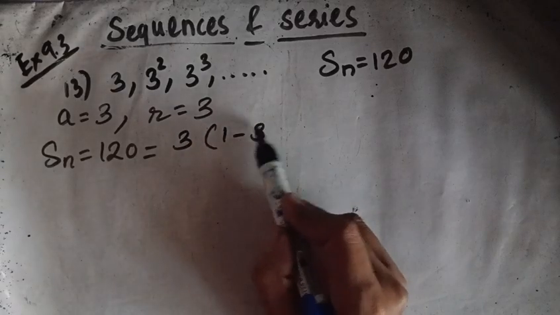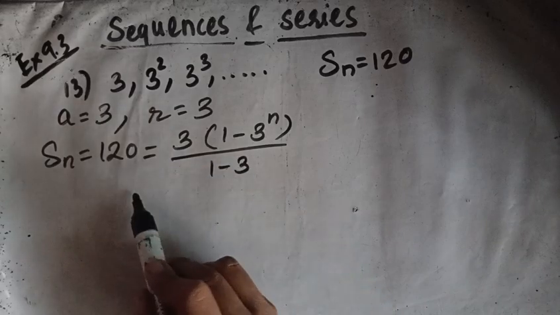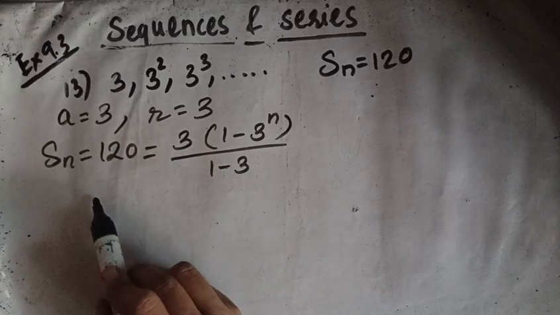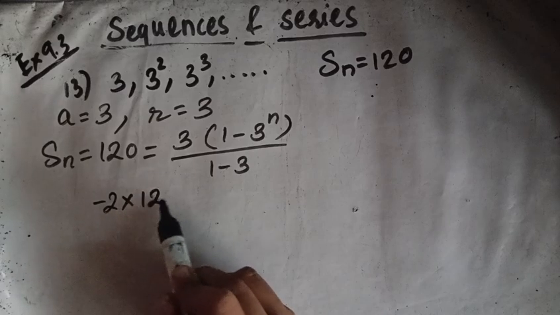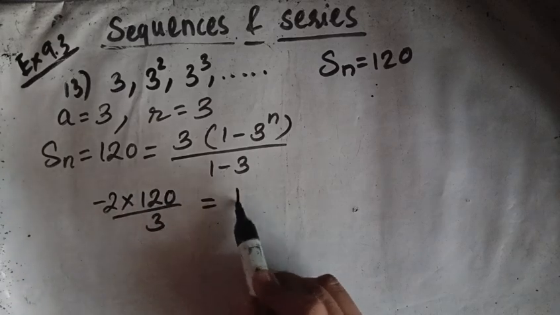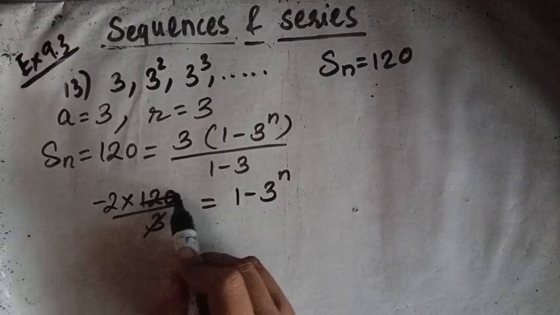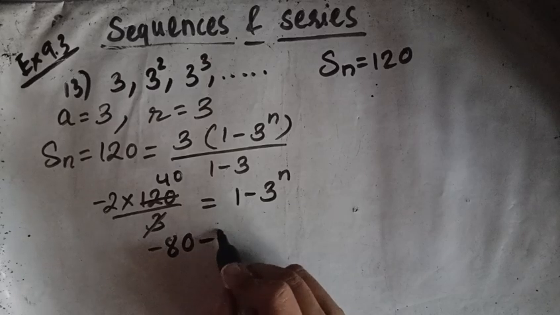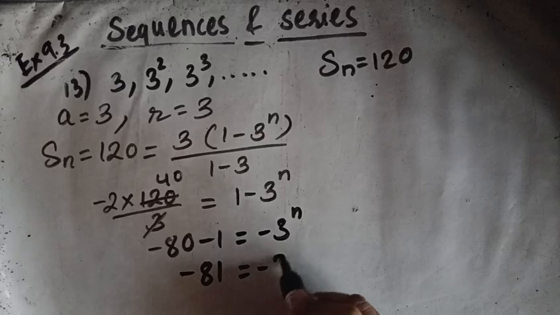So 1 minus 3 raised to n on 1 minus 3. 1 minus 3 is minus 2. So minus 2 into 120 divided by 3. So this is minus 81.